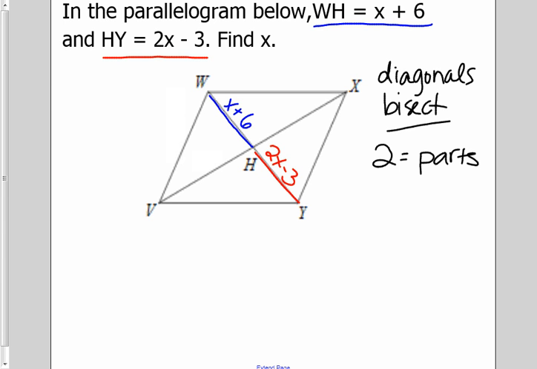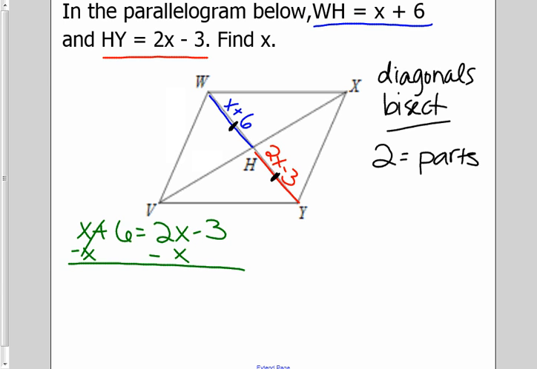So I can say, knowing from this, that this piece, x plus 6, is equal to this piece, 2x minus 3. So I can go ahead and set up my equation that way. So x plus 6 equals 2x minus 3. We're going to solve for x here. So we get 6 equals x minus 3, and x equals 9.